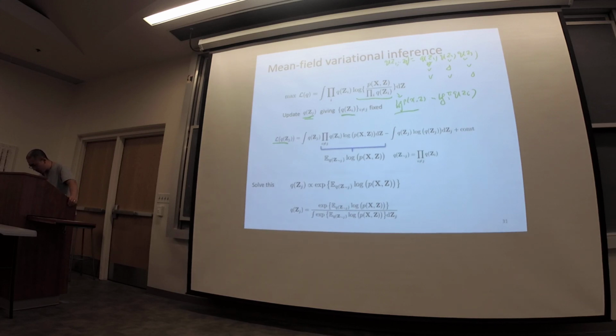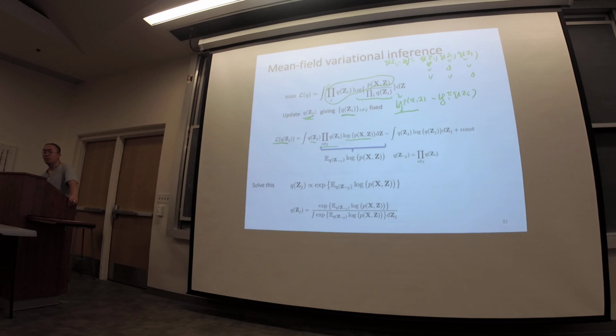Let's take a look at the first term. It is an integral of this part. If you move Q of zj outside this product, the remaining part is the product of the posteriors for the variables other than zj, times the log joint probability, integrated over zj and all other zi.